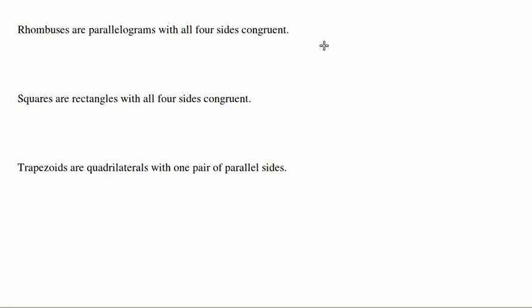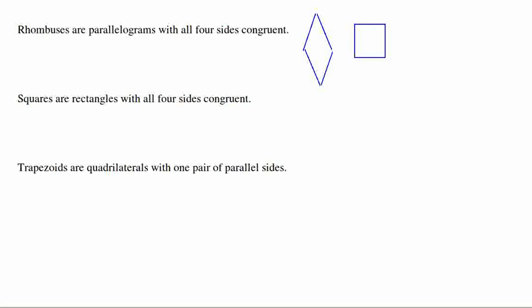Now for a rhombus, it's not just opposite sides that are congruent, but all four sides are the same length as well. Okay, there's one example of a rhombus. There is another example.